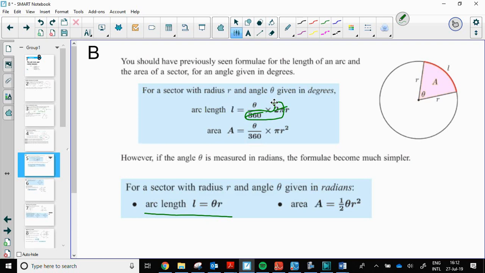And then likewise, pi radians is equal to 180 degrees, so that's going to simplify down to just 1/2, and so we have an area of a sector of 1/2 theta r squared. And these, by the way, are the formulas that we have in the data booklet at the bottom of page 6, SL 3.4. They give us the formulas in radians.